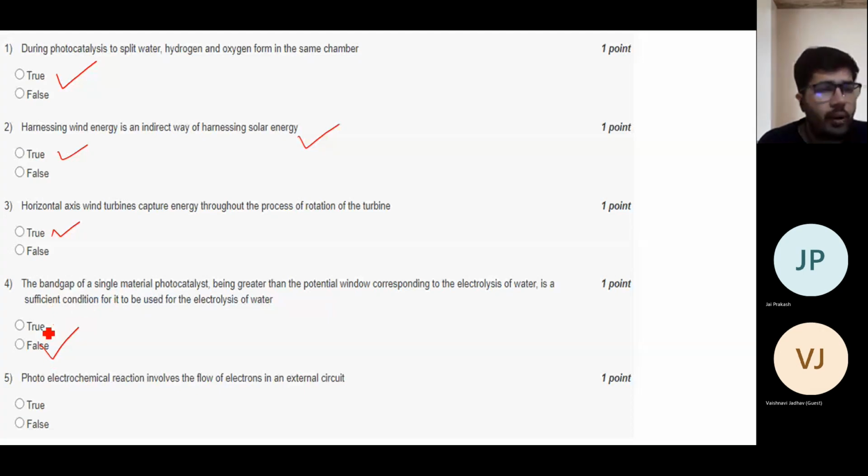Now question number 5. Photoelectrochemical reactions involve the flow of electrons in the external circuit. Is it true or false?